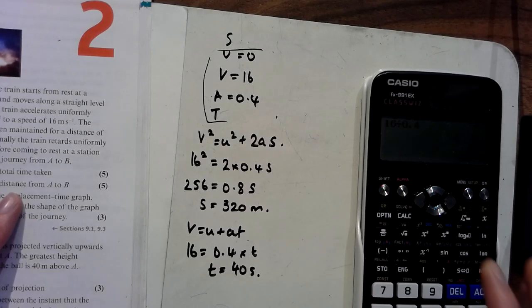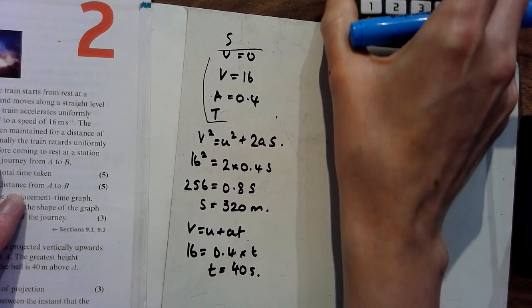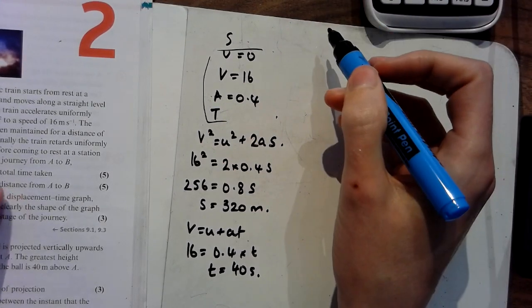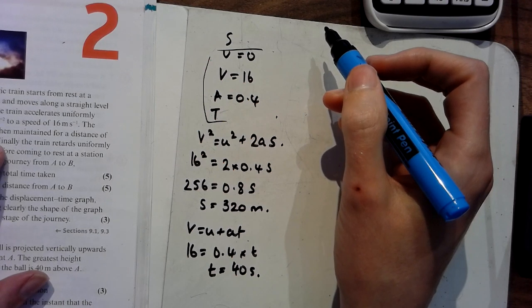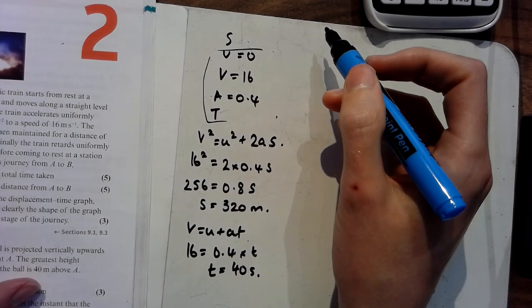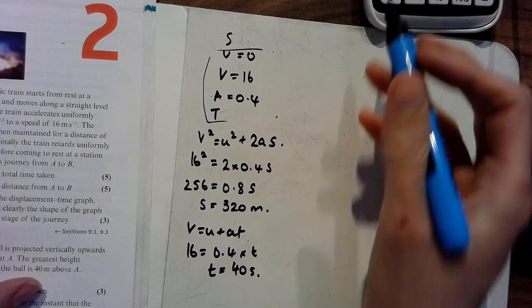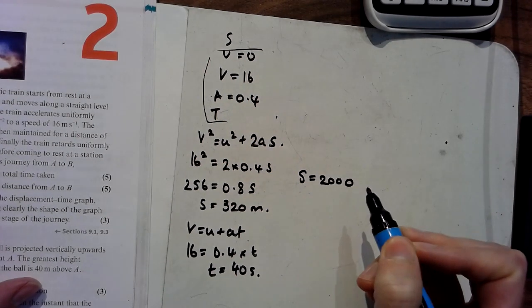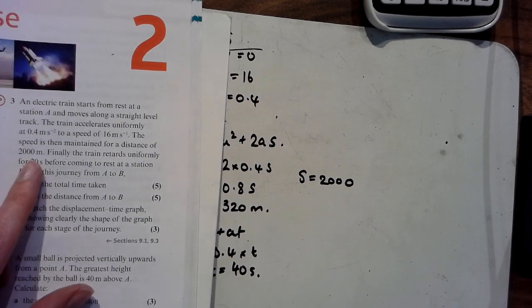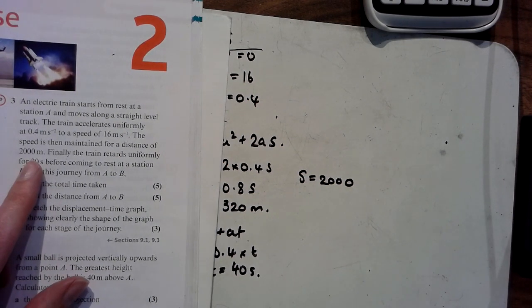Okay, for the middle part of the journey, I maintain a steady speed. So that means that there's no acceleration at all. It already tells you that it does that for a distance of 2,000 meters. But we need to find the time.